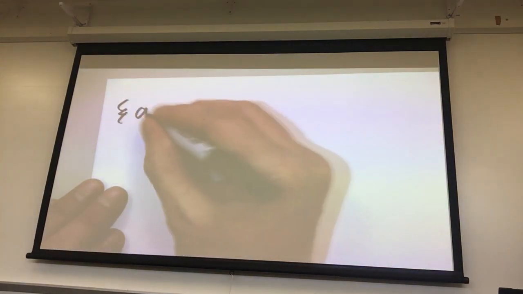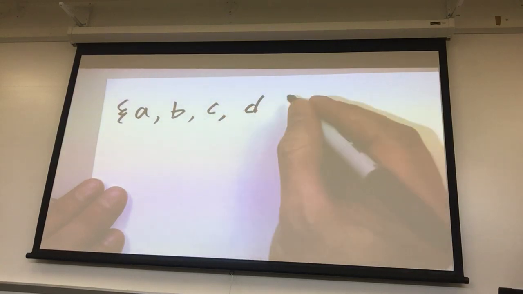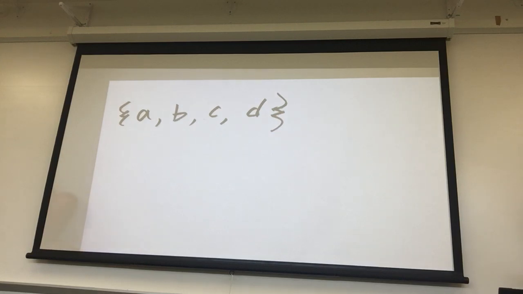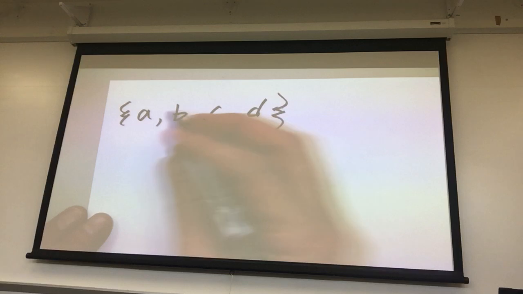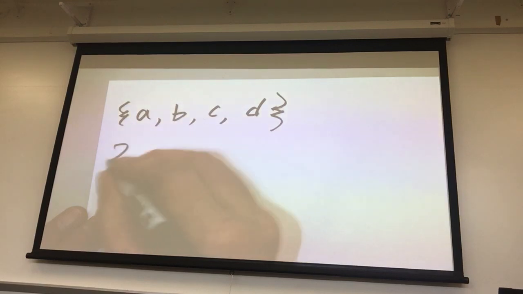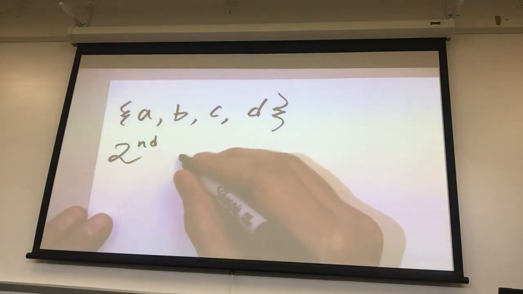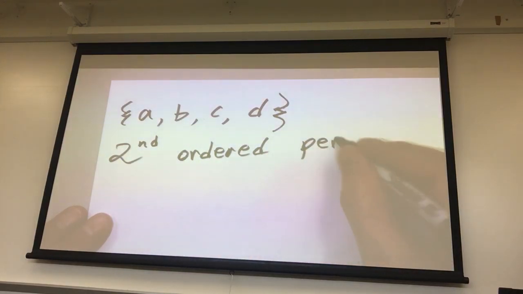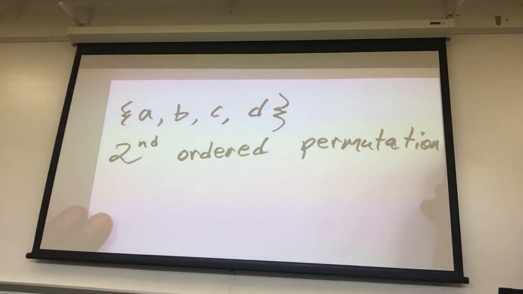Let's say we had A, B, C, and D. And let's say we're going to look for all second order permutations of the set.